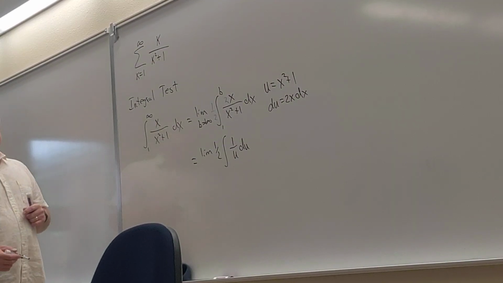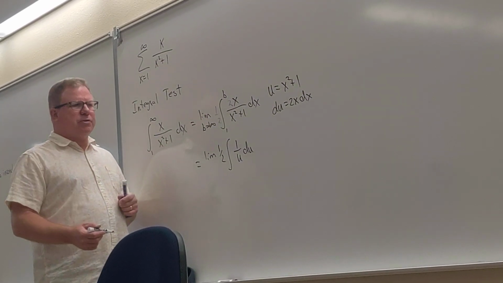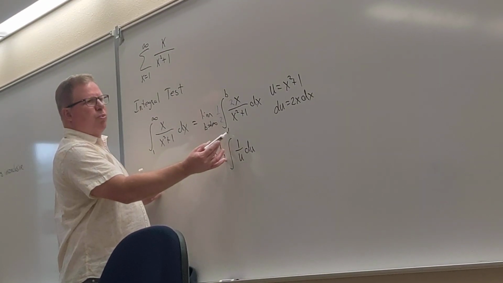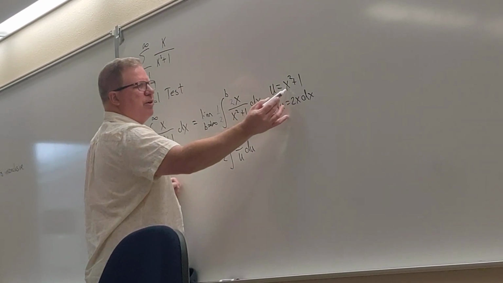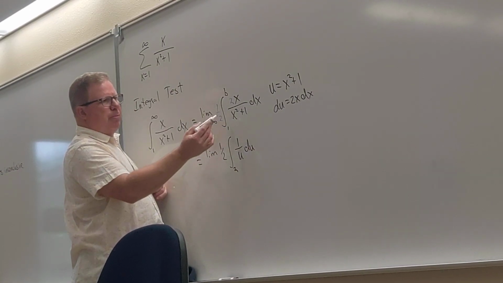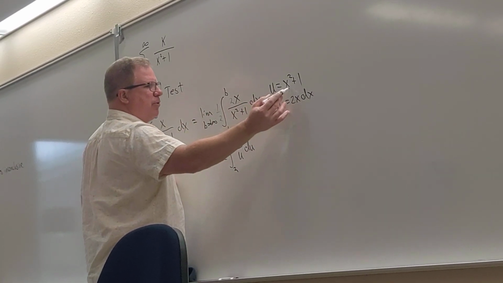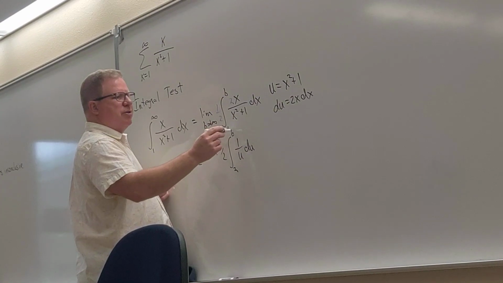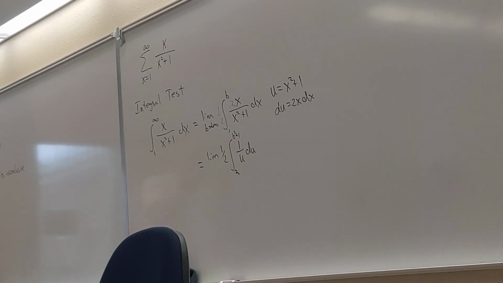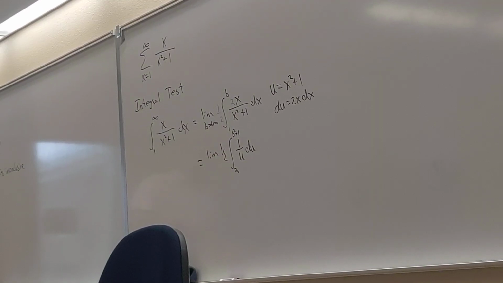Now, if we want to put bounds on it, we have to write them in terms of u. So our lower bound was 1. If we put that into x here, 1 squared plus 1 is 2. And our upper bound is b. If you put that in for x there, you get b squared plus 1. Usually I just leave the bounds off, but there you go.